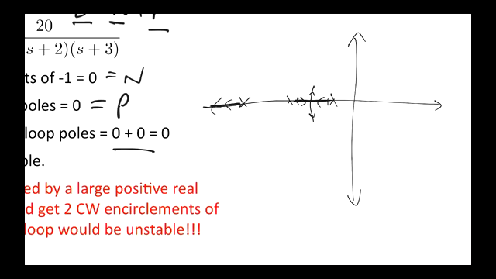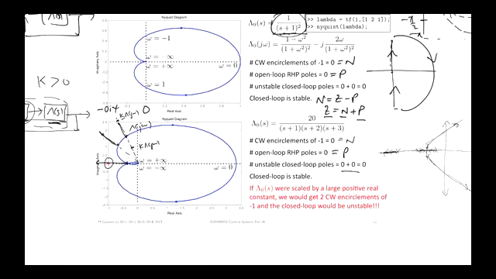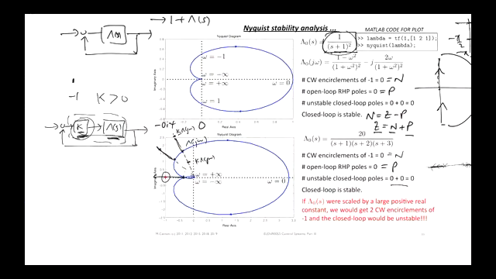The asymptotes, because we have a relative degree thing, will be things that go off at an angle, like this. And for sufficiently large k, we end up with 2 closed-loop poles in the right half plane, which is precisely what's predicted by the analysis in terms of the Nyquist plot.